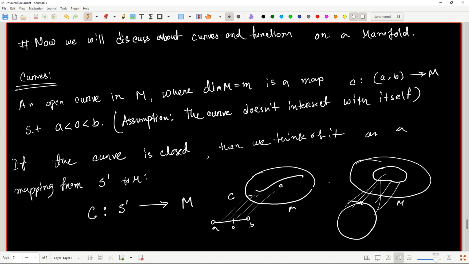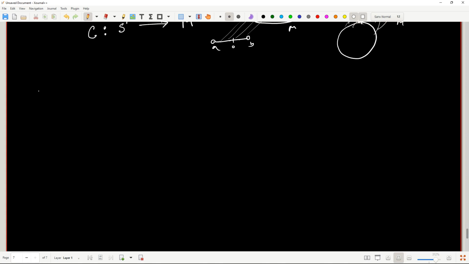And on an open chart, a curve has coordinate representations. So on an open chart, let's call that open chart U, phi. Obviously these charts are open, but we are still calling it explicitly open chart.